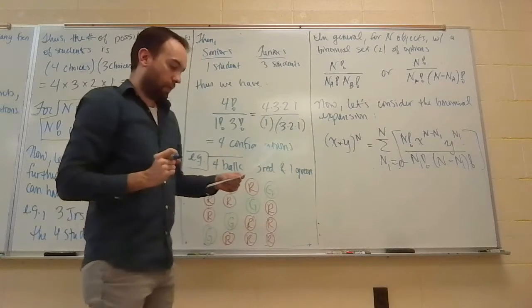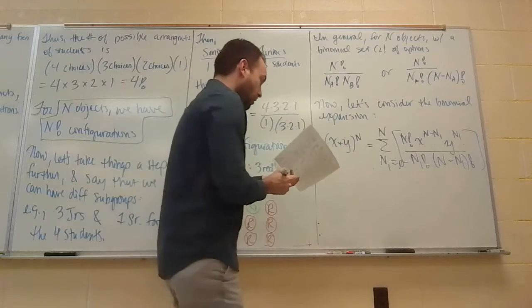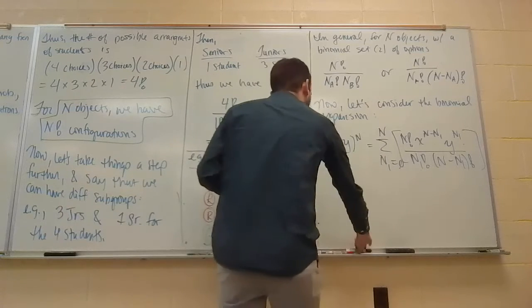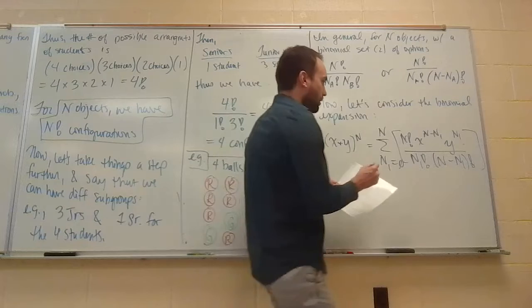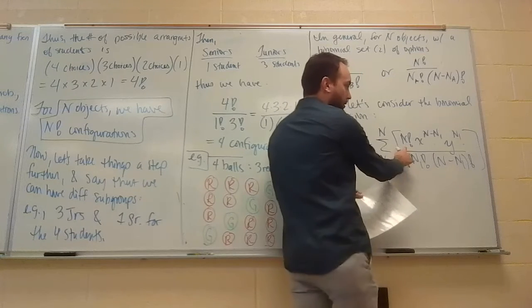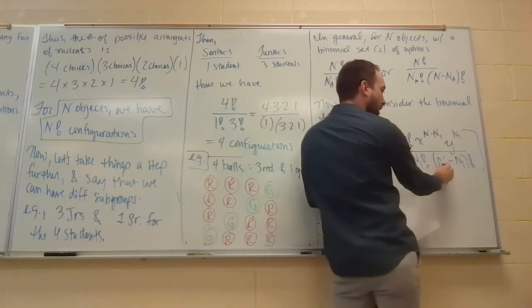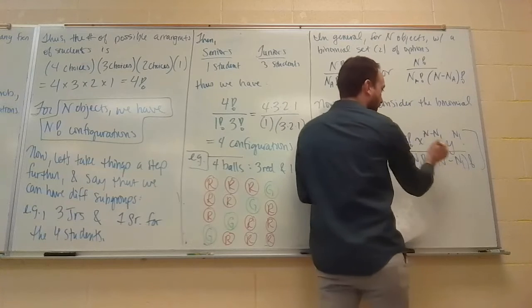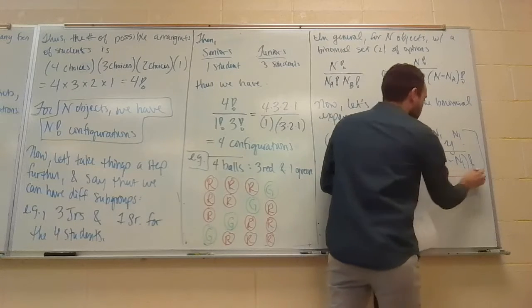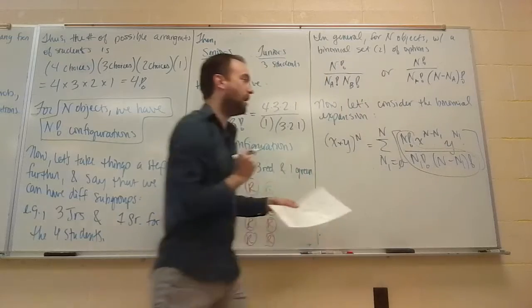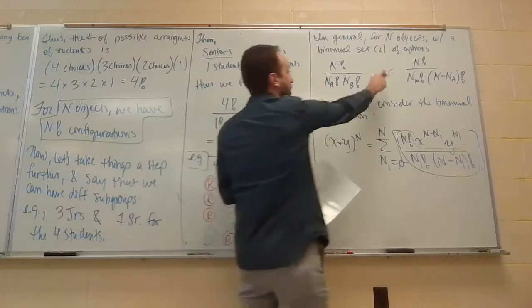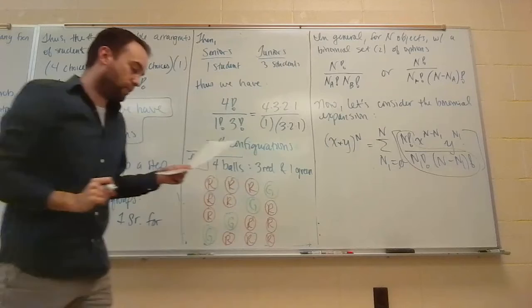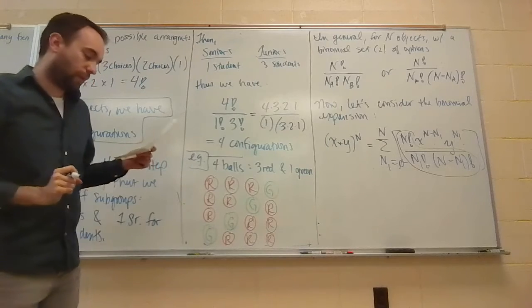Now, notice that n factorial divided by n1 times the quantity (n minus n1) factorial, all of this that sits out front, that is our binomial distribution.